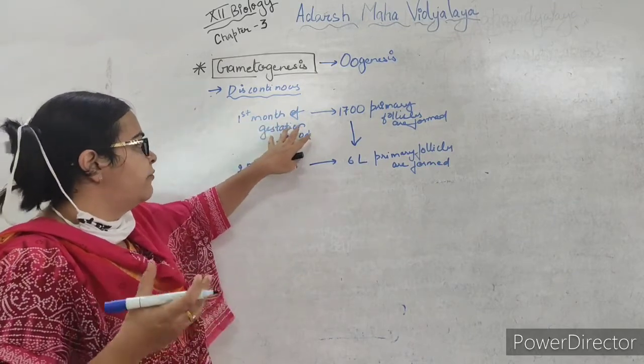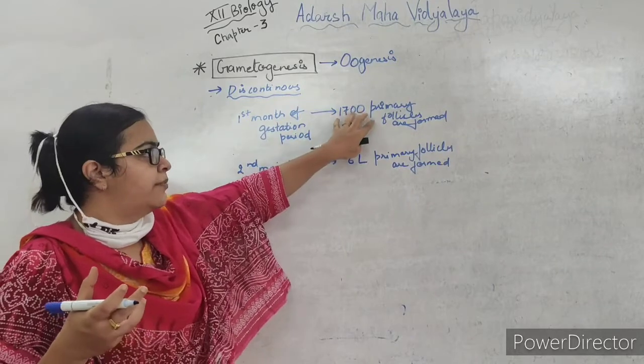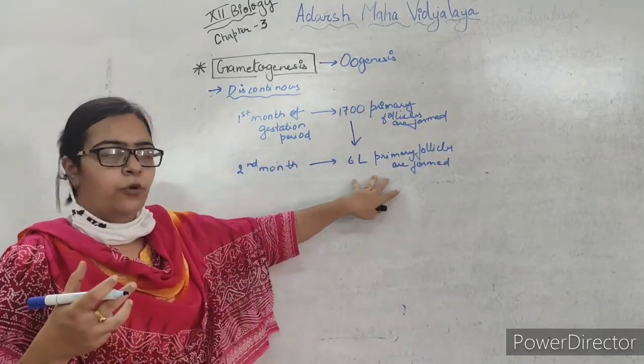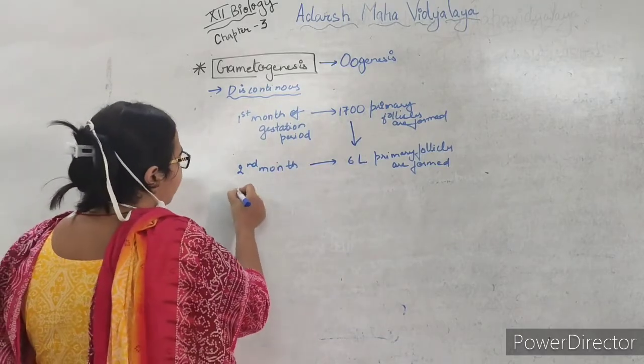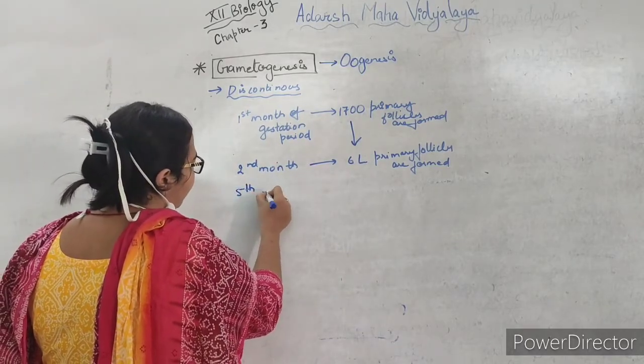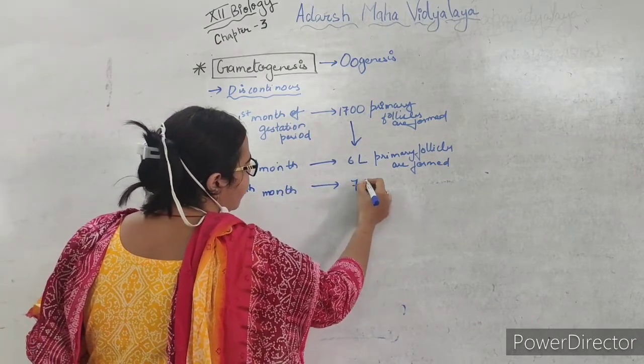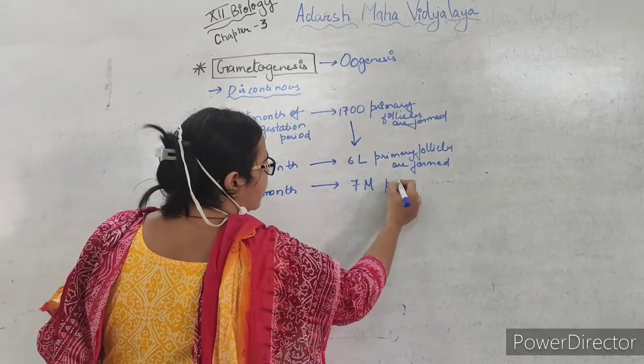In the first month, 1700 primary follicles are formed, in the second month, 6 lakh follicles are formed, and when the fetus reaches the 5th month, some 7 million primary follicles are formed.